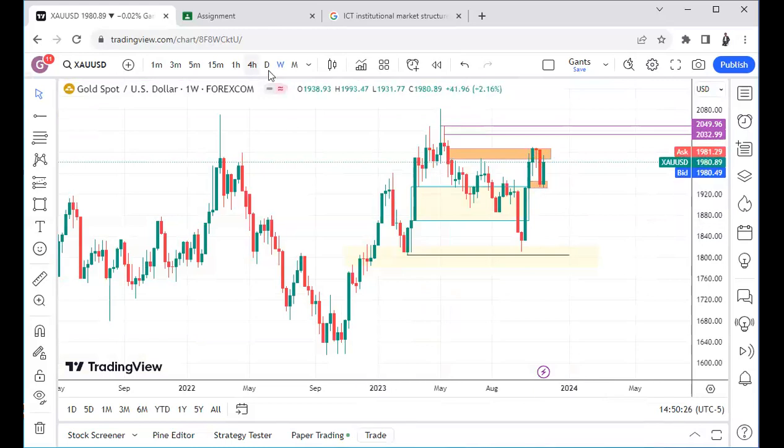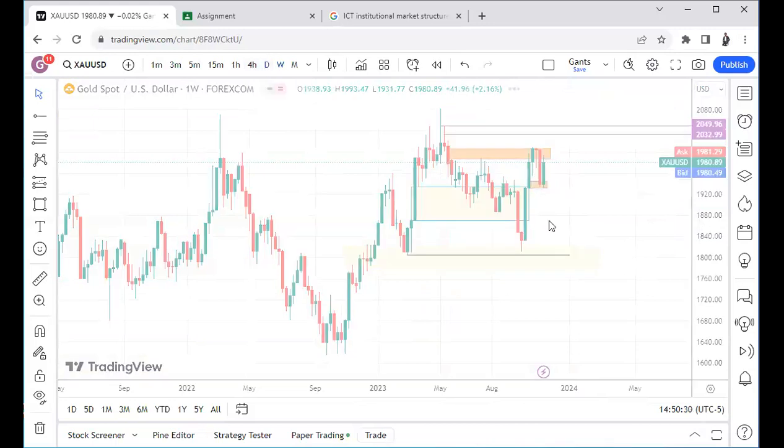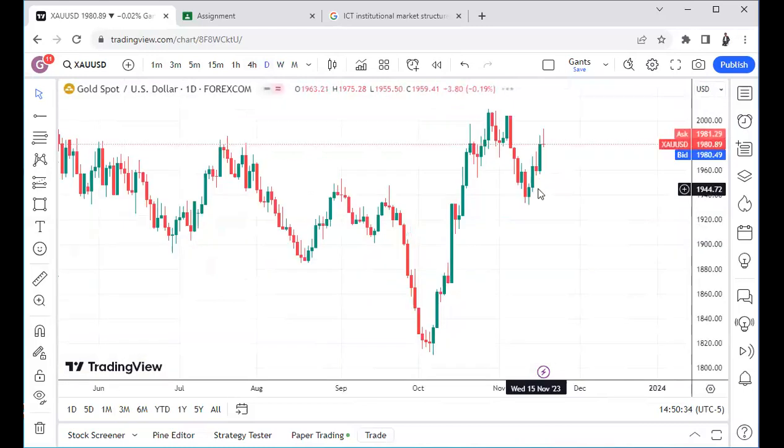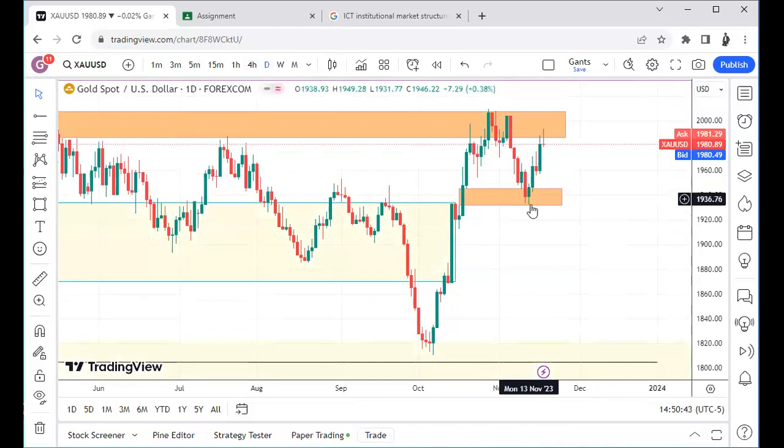I told us that if it gets to this area, this FVG here that I marked out, gold price would act as support to send price higher, and you can see how as price traded to it, it resumed its bullish movement higher.